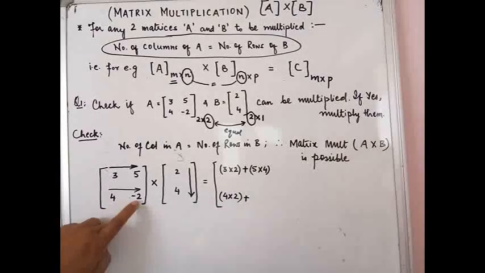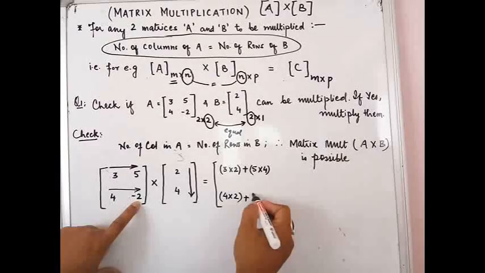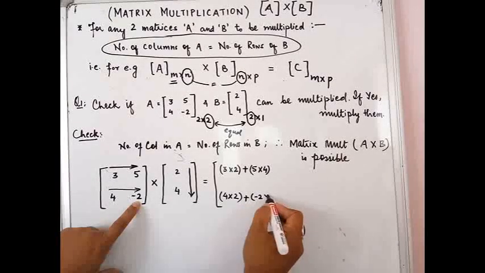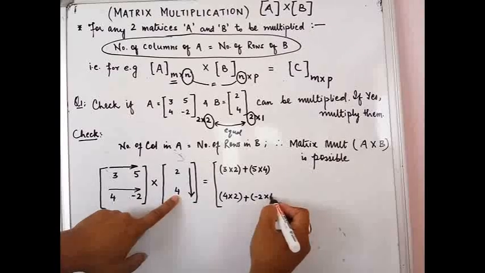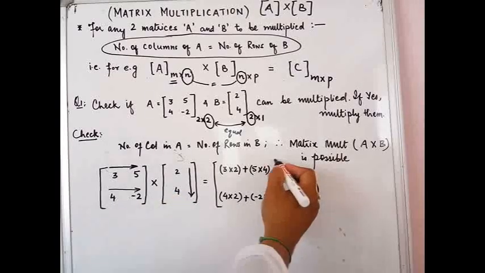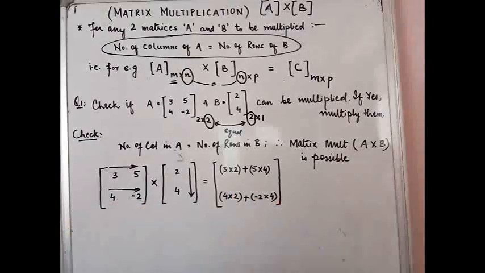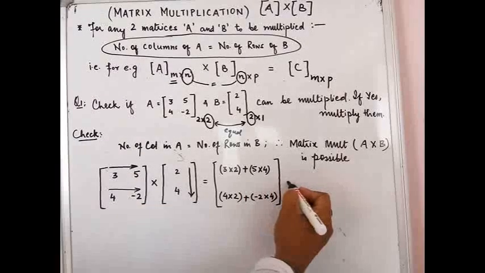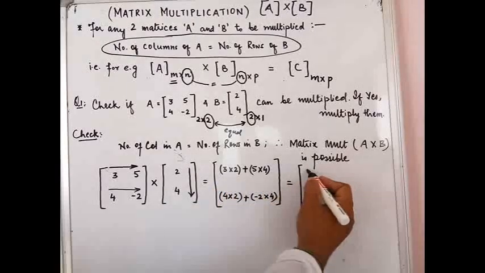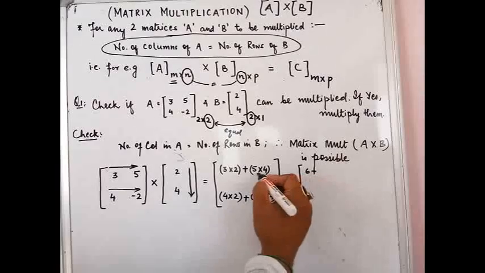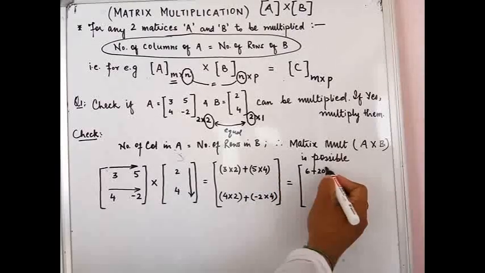Plus, what is the next entry in the second row? Minus 2. It is going to be multiplied with the next entry in the column, which is 4. So that is the matrix that we need. Obviously, in the further step, you can see 3 into 2 will give you a 6, plus 5 into 4 will give you a 20.